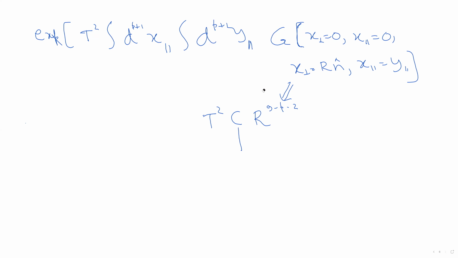This is a numerical constant, times the world volume V_{p+1}. This integral will be common to everything, so you don't really have to worry about this too much. X parallel, Y parallel.